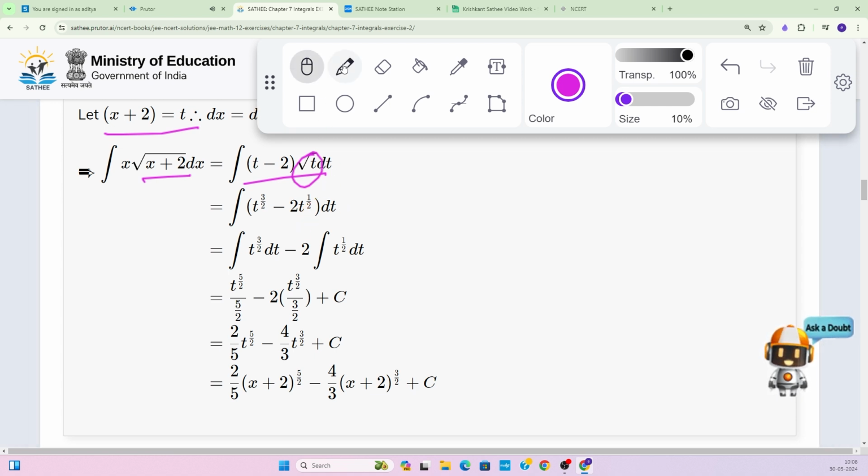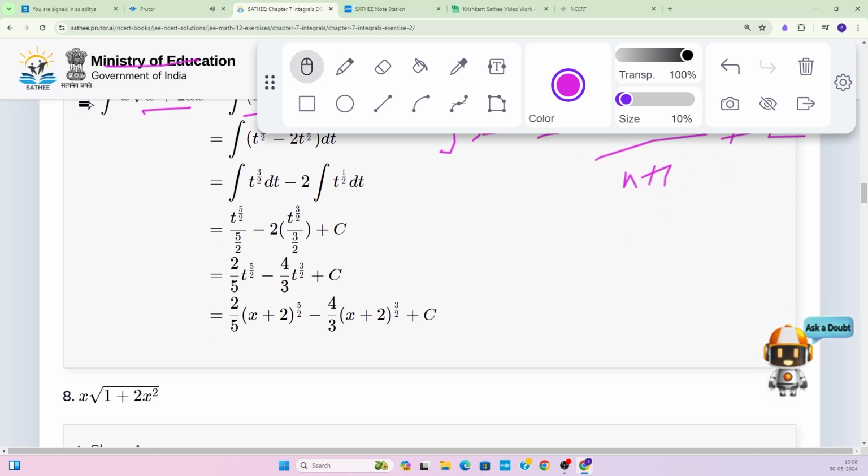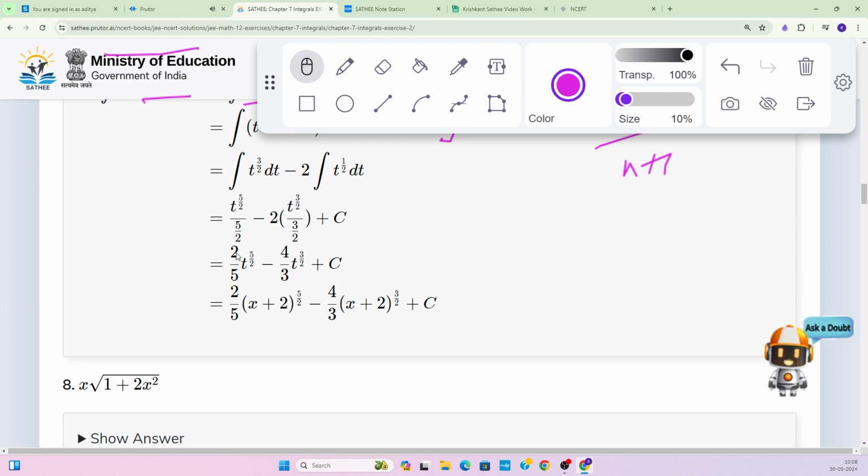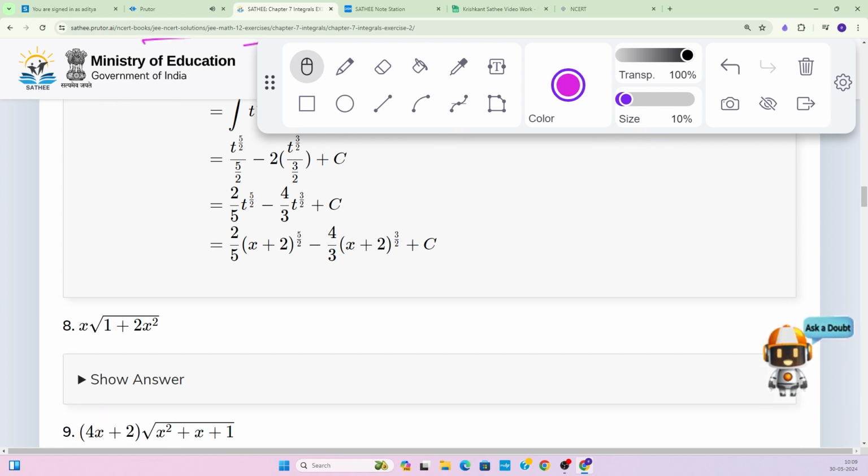Now using the basic integration formula, integration of x power n is equal to x power n plus 1 divided by n plus 1 plus some constant, you will get t power 5 by 2 divided by 5 by 2 minus 2 multiplied by t power 3 by 2 divided by 3 by 2 plus some constant.